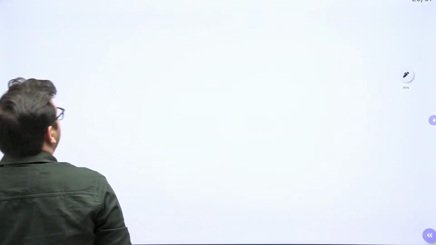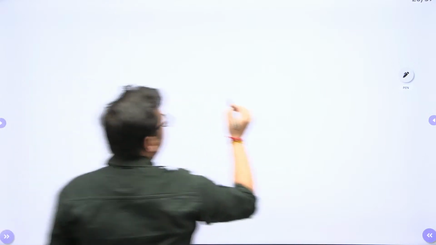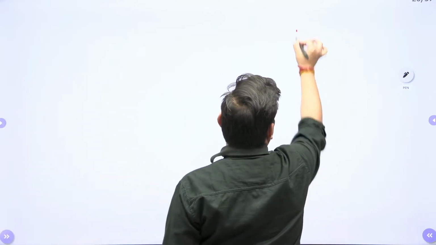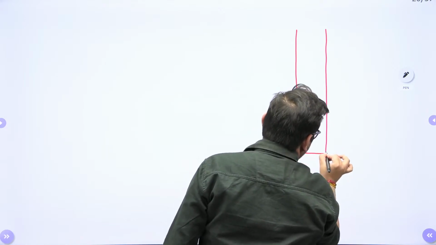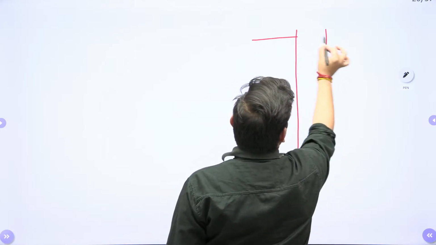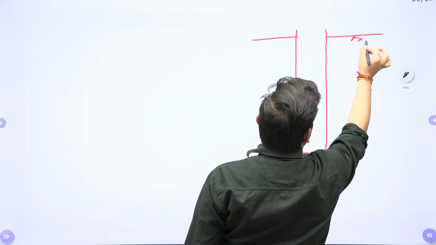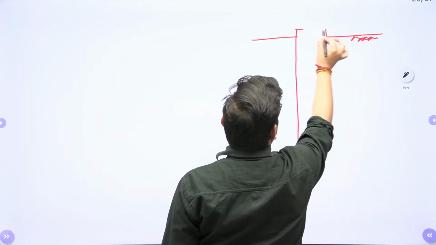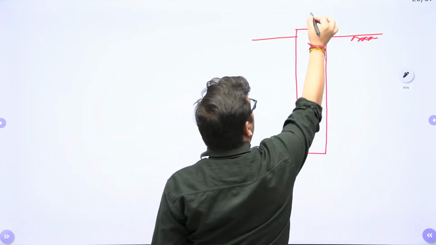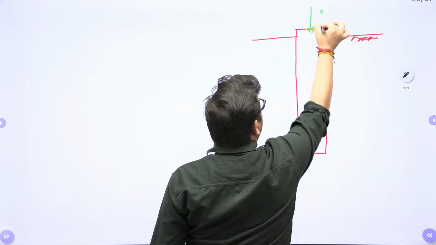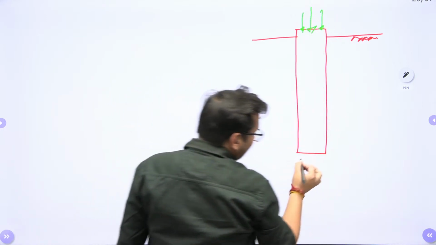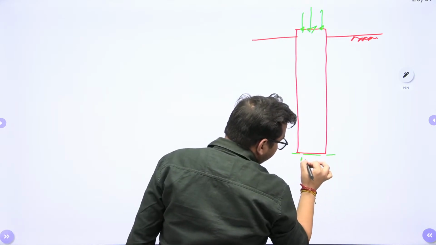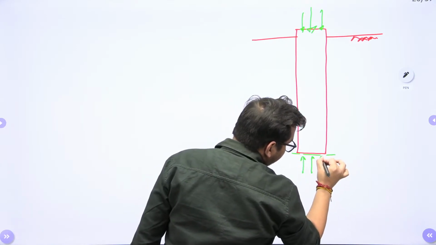So try to understand first. Let's suppose this is a pile foundation. When you are applying the load from the superstructure, this load will be supported at the end due to bearing.